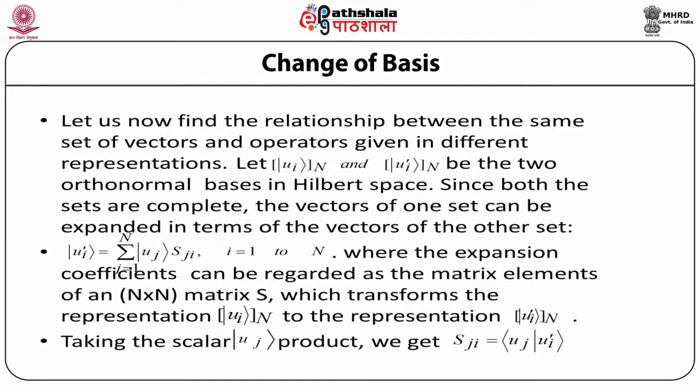So, if we want to represent the orthonormal basis u_i prime in terms of the other orthonormal basis u_i, then we can do that through an expansion given by ket vector u_i prime is equal to summation over j going from 1 to n, ket vector u_j times s_ji, for all i going from 1 to n, where n is the dimension of the space.